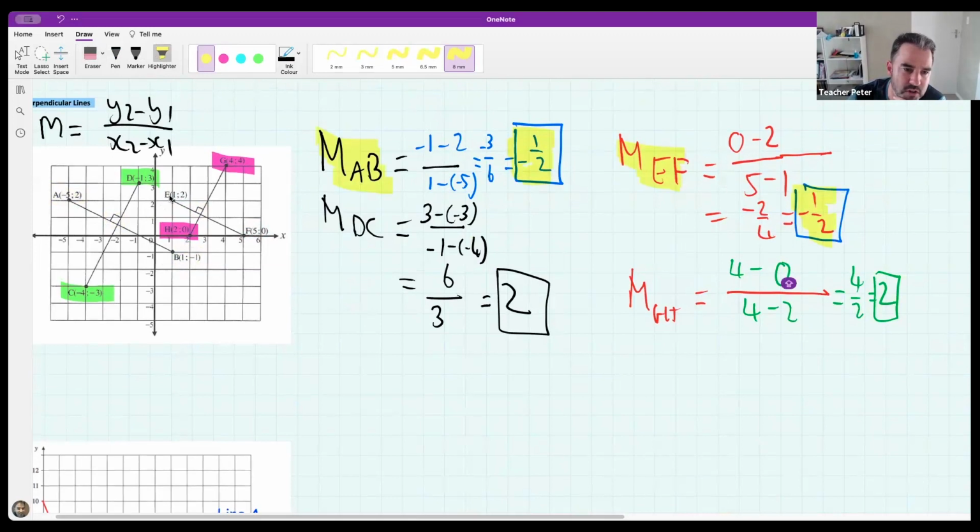And what do we notice about the line EF and the line AB? This goes back to the last lessons. I'd love someone to put their hand up and tell me, or tell me in the chat, what do you notice about those yellow lines when you look at them just visually?